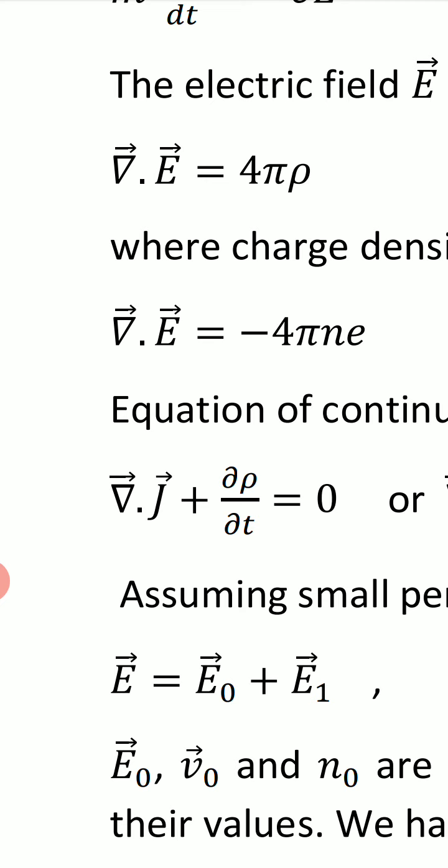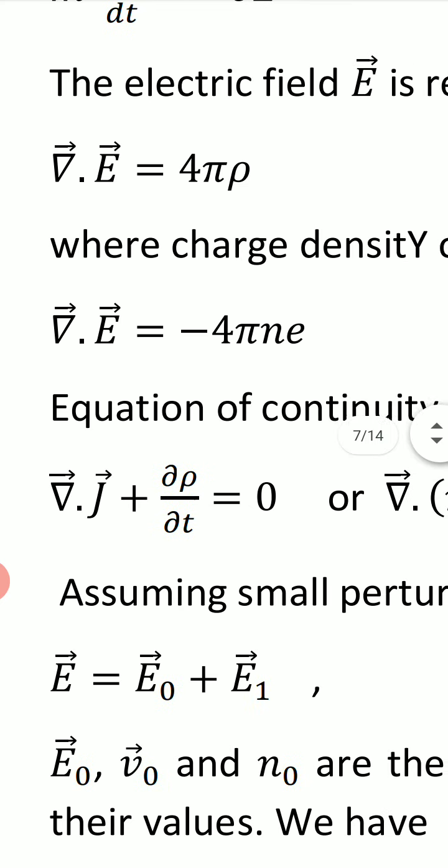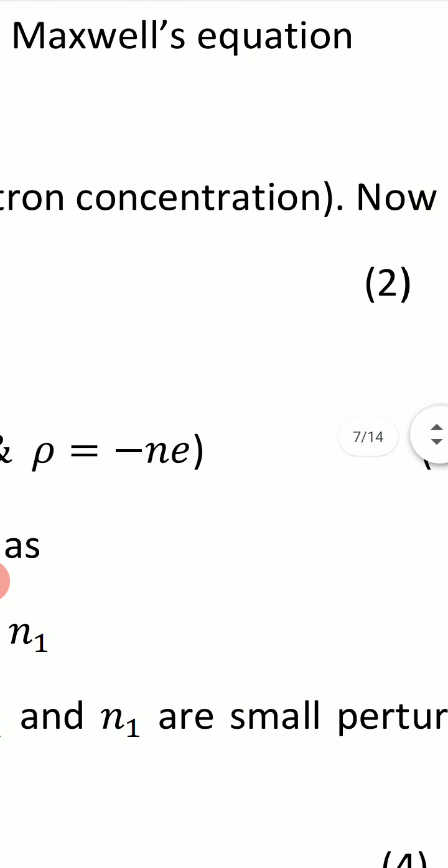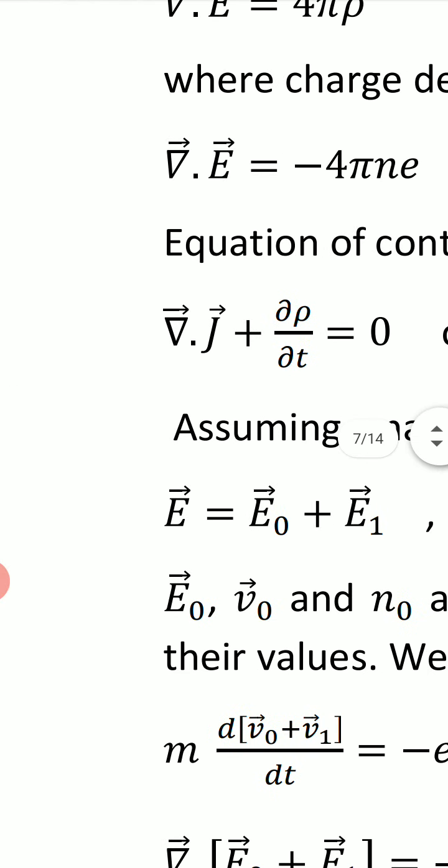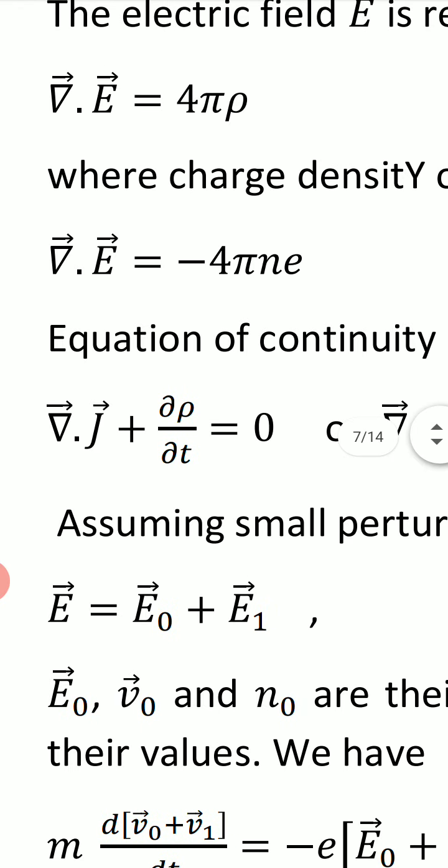So this is one form of the first Maxwell's equation. In another way we can write it as del dot E equal to rho upon epsilon 0, but here we use the form del dot E equal to 4 pi rho. Here rho is charge density, and the charge density of electron rho is equal to minus Ne.